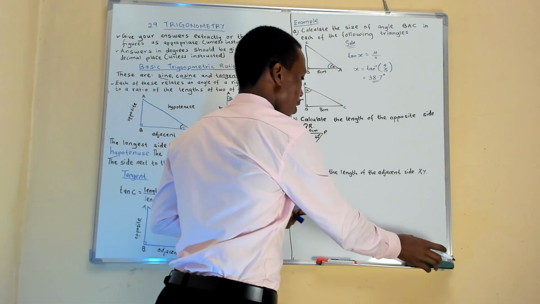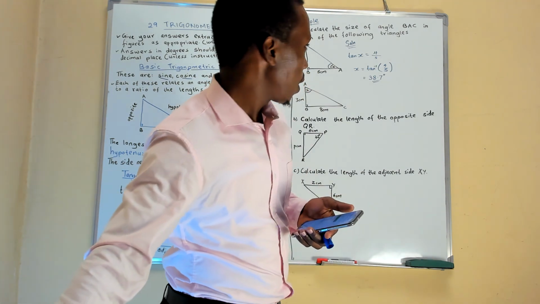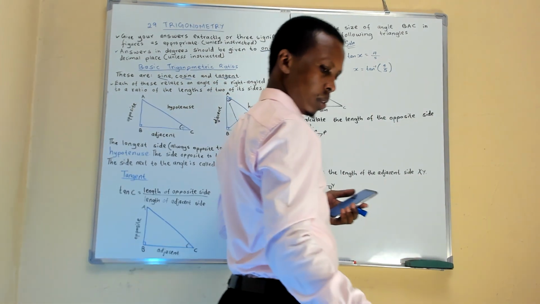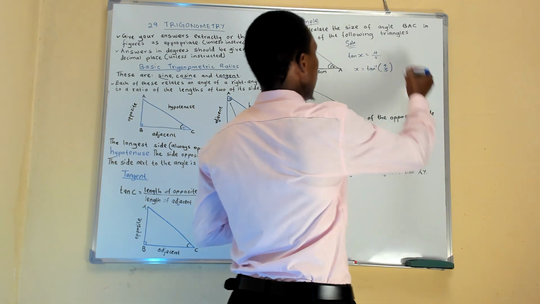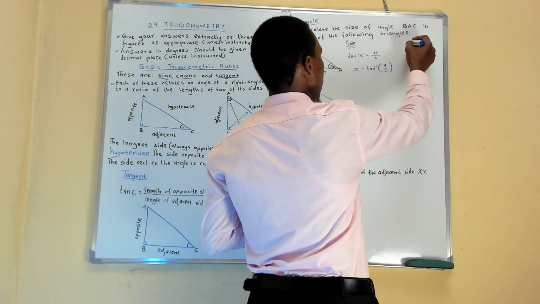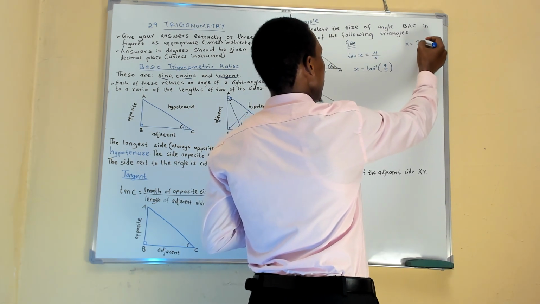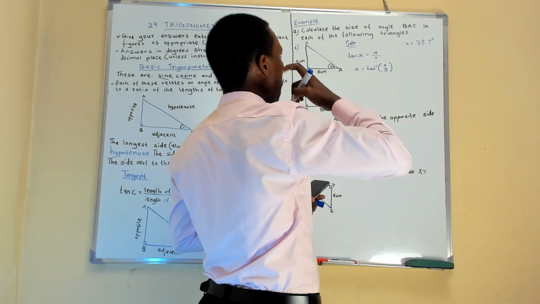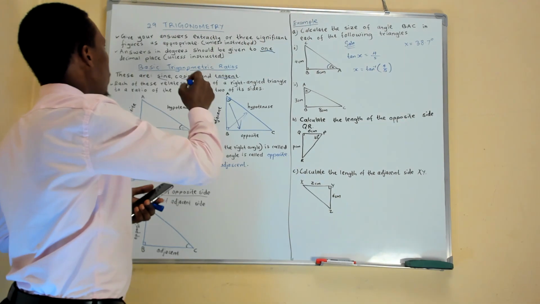So I can wrap this and put it on this other side. I've given my degree to 1 decimal place.